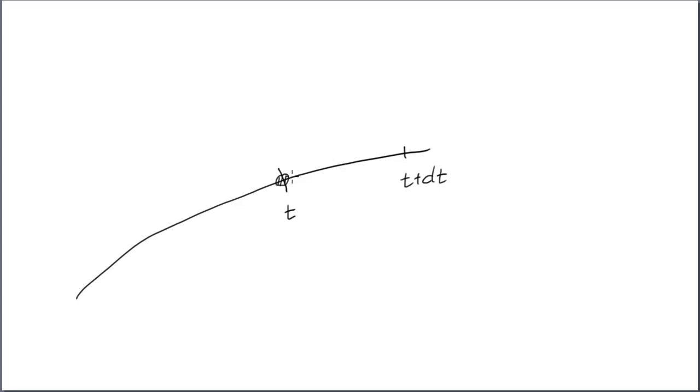Now, holding x and y fixed, only z changes. So as t goes from t to t plus dt, my z only changes by dz, exactly the calculus 1 picture. So dz is just the change in the z coordinate.